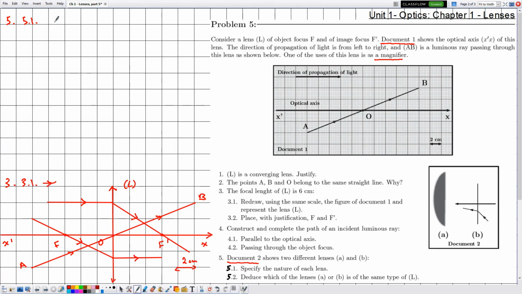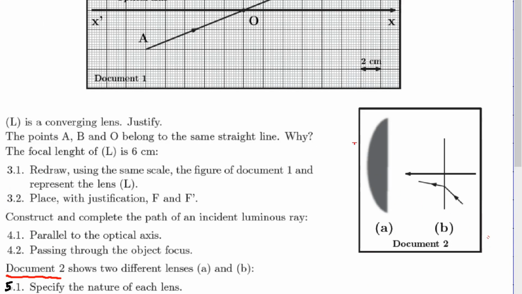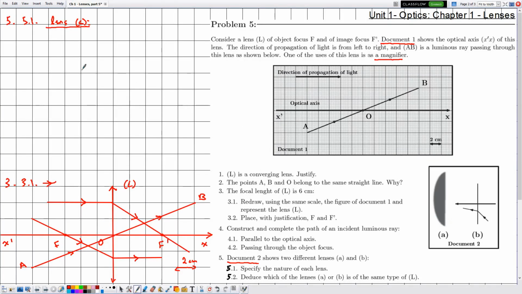So let's start with the lens A. Referring to document 2, we can notice that lens A is thicker at the center and thinner at the edges, and this is known as a thin edge lens. Therefore the lens A is a converging lens.